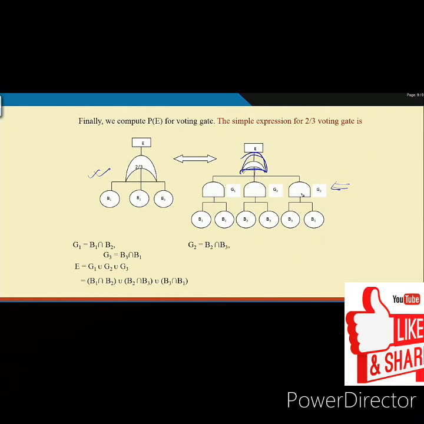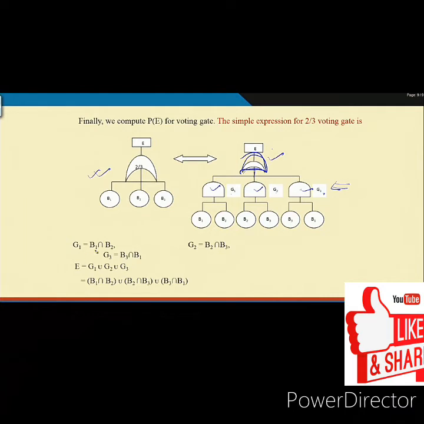So, these conditions are in AND gates, numbered G1, G2 and G3, and if any of these conditions occurs, it leads to the top event, which is why the OR gate is given here. Quantifying gate by gate means first you quantify gate 1, then gate 2, then gate 3, then gate 4.